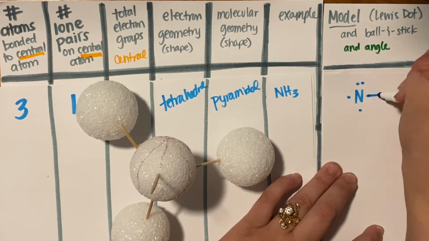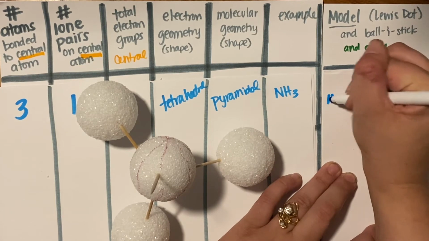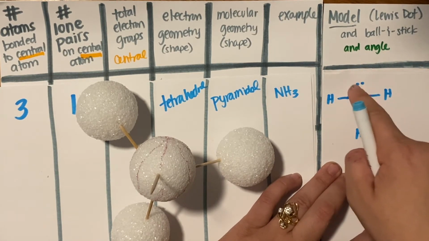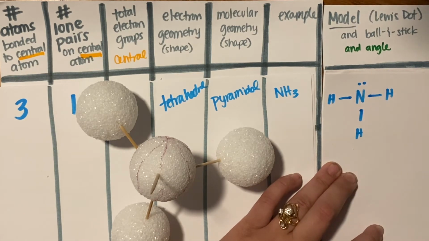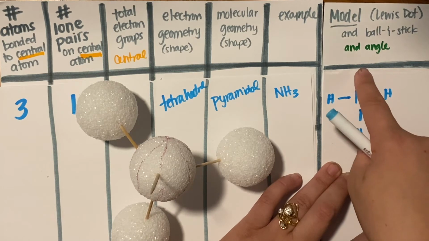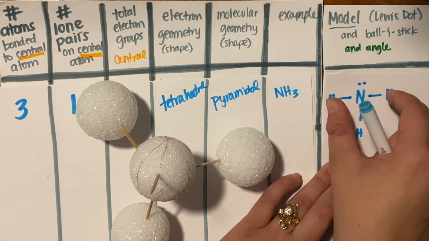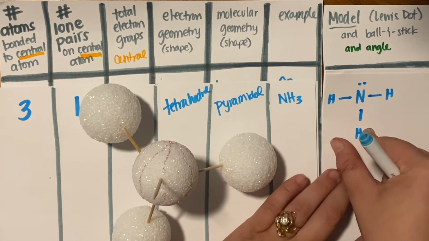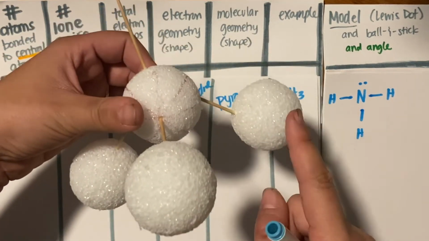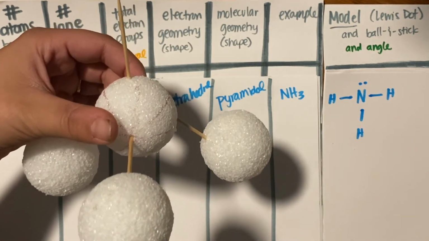And 3 H's. So I'm going to bond H, H, and H, okay? Because I have this lone pair instead of another hydrogen, for example, like CH4, right? I don't have another atom coming off here. Instead, I have a lone pair. So I force these 3 hydrogens to take this pyramidal shape, right? Like this. And I still have this lone pair up at the top, okay?